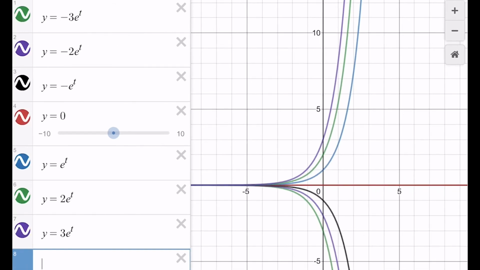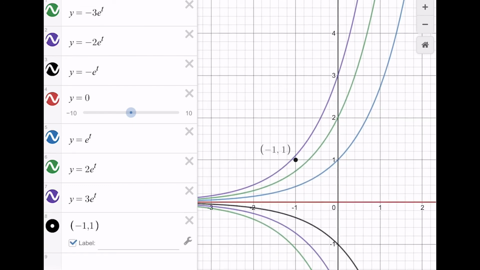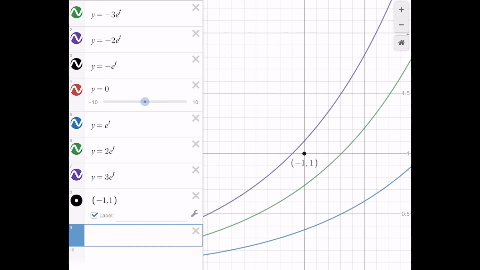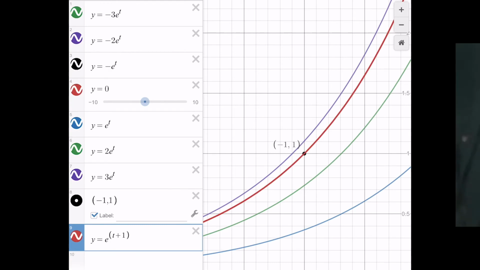So the point we were interested in was -1, 1. Okay, there it is. And we found the solution y equals e raised to the t plus 1. And you can see it goes right through our point. So we win.